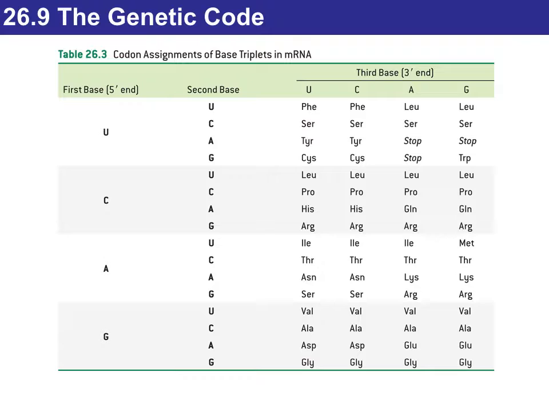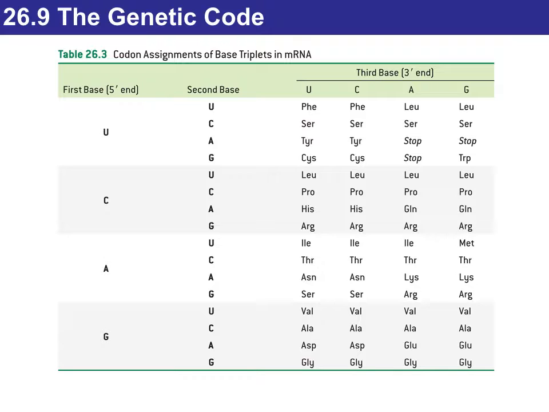The first base on the 5' end is uracil, cytosine, adenine, or guanine. Second base, where you have for each of them uracil, cytosine, adenine, guanine. And then the third base on the 3' end is also uracil, cytosine, adenine, guanine.